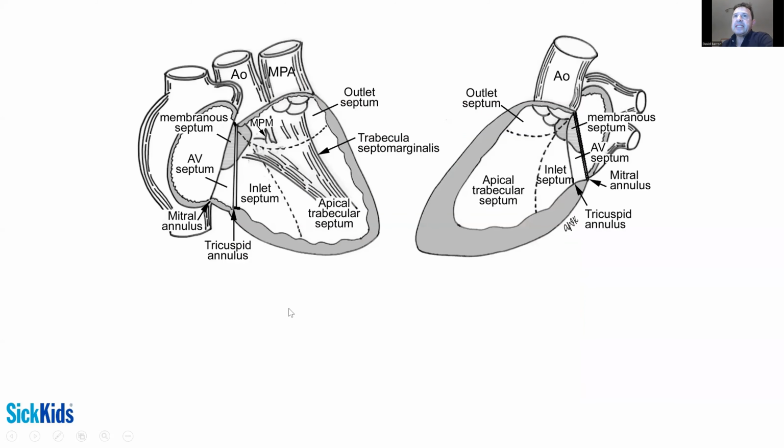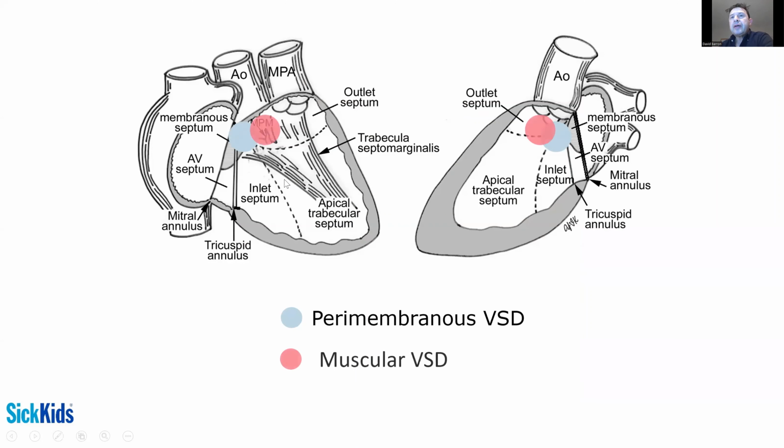So what about the VSD itself? Remember, it can be perimembranous, but also it can be truly muscular outlet, and it can be doubly committed equally between the aorta and the main pulmonary artery. So again, it's about thinking what is asking the question, and how do you teach your cardiology colleagues to really give you a good view?